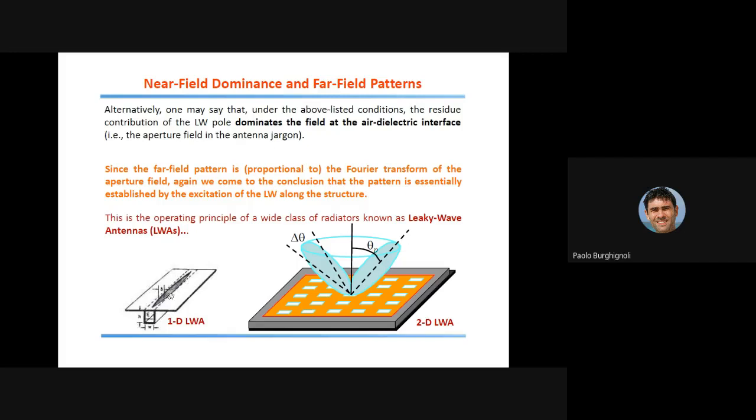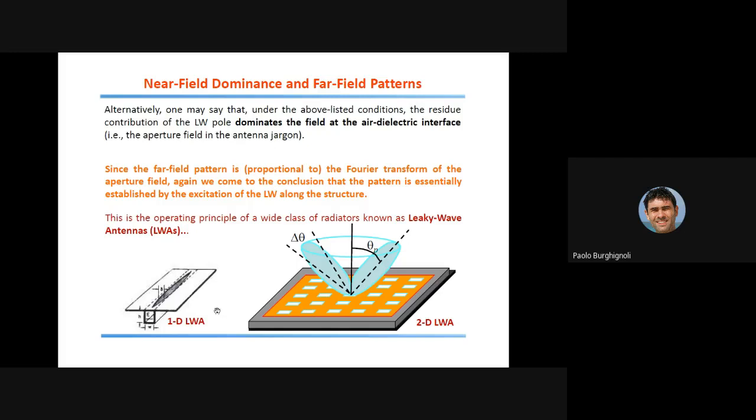In the slotted portion of the waveguide, the modal spectrum becomes different. In particular, there are leaky modes, and with those leaky modes, you can shape the pattern of your antenna. This is a very versatile way of shaping the pattern.